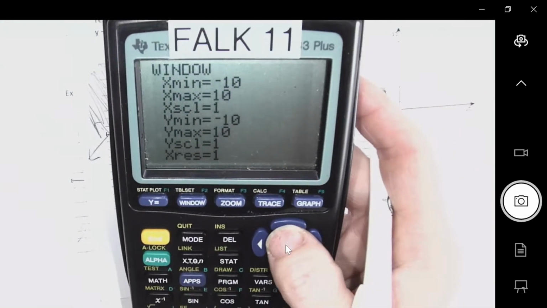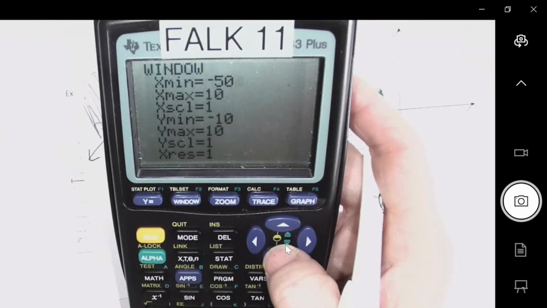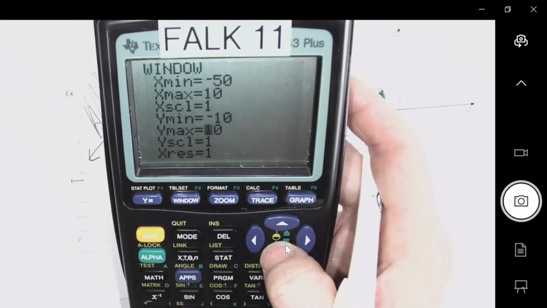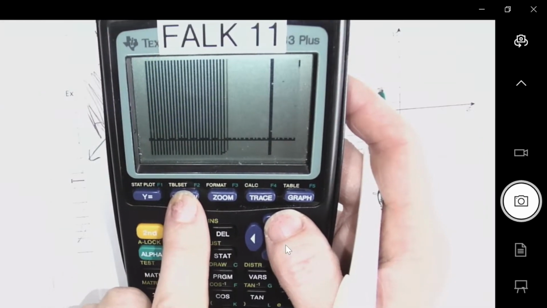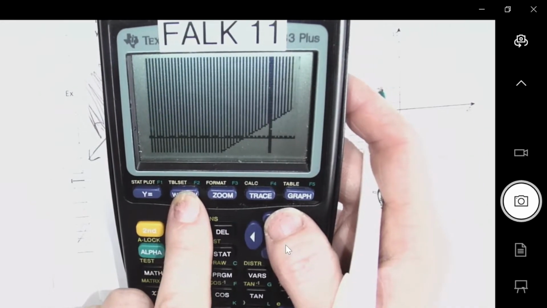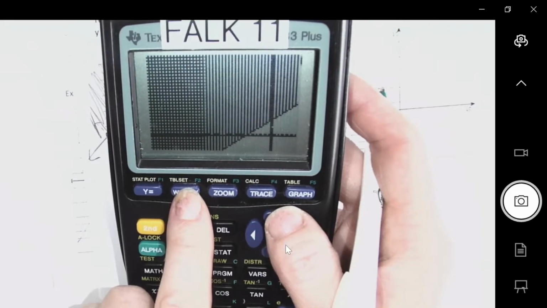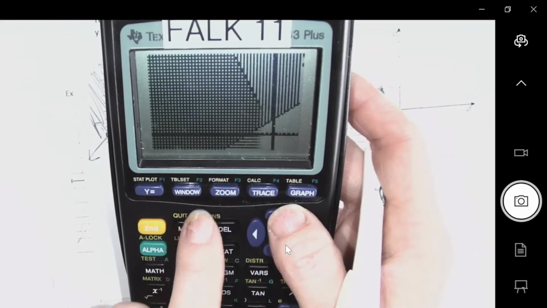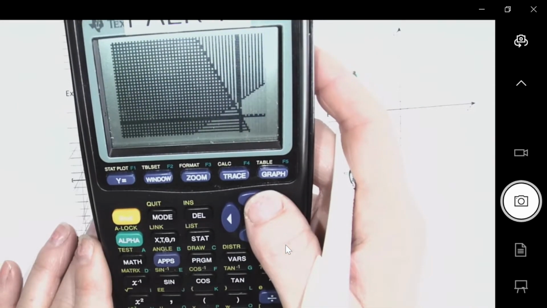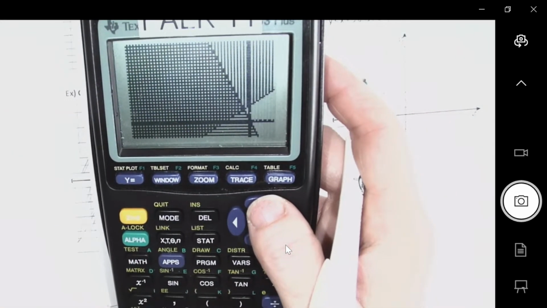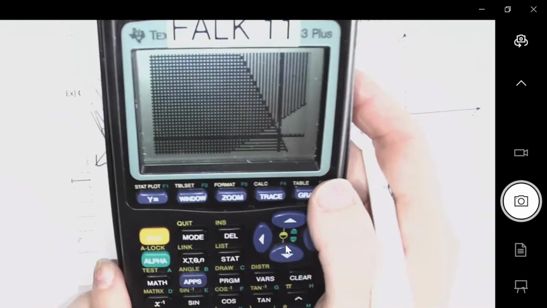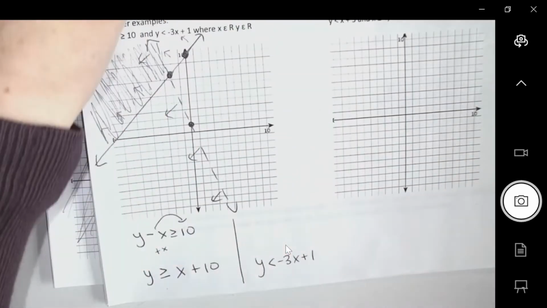I'm just going to make my window a little bit bigger so you can see. Okay, so you can see which part gets double shaded would be the one that works. Okay, let's do this last one then.